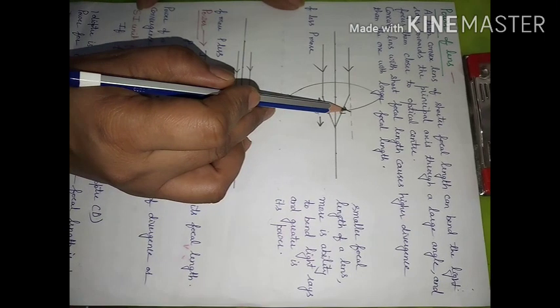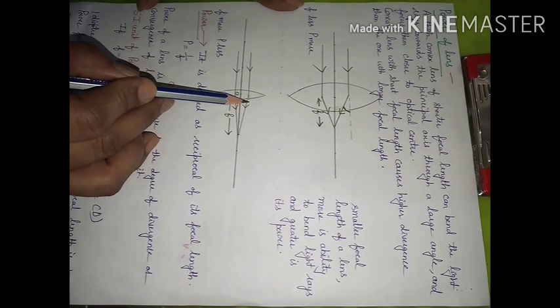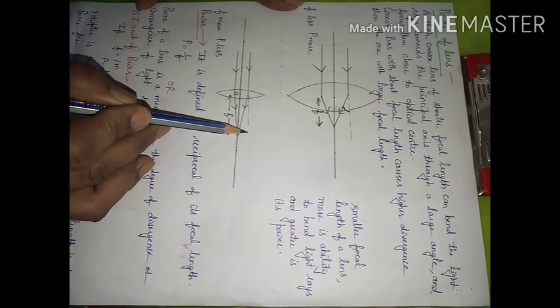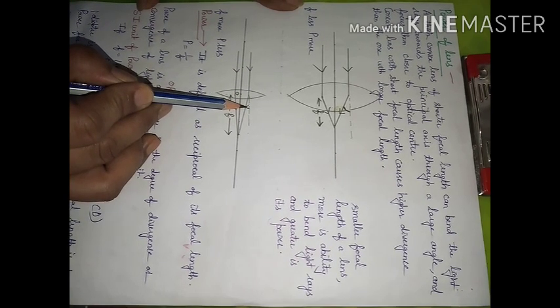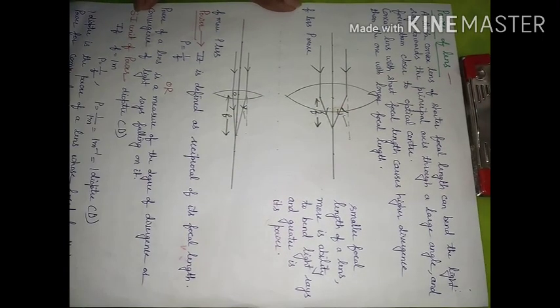So here bending is taking place by this angle, and in this case bending is taking place by this angle. So this angle is bigger and this angle is smaller.